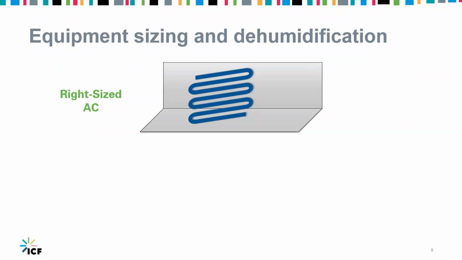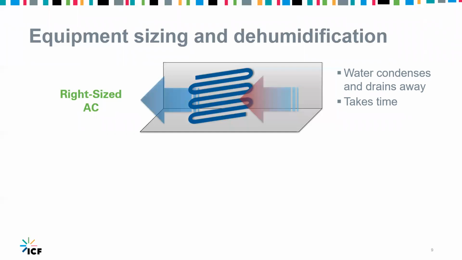So this is my last background slide. I just wanted to quickly go over how an air conditioner dehumidifies and what's going on in an oversized system, and why that's a problem. I have my little diagram here of an air conditioner, and we have warm air coming in, going across those cold coils, and as it cools down, you get condensation on the coils.